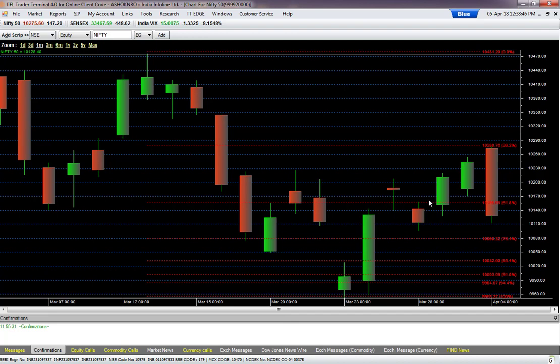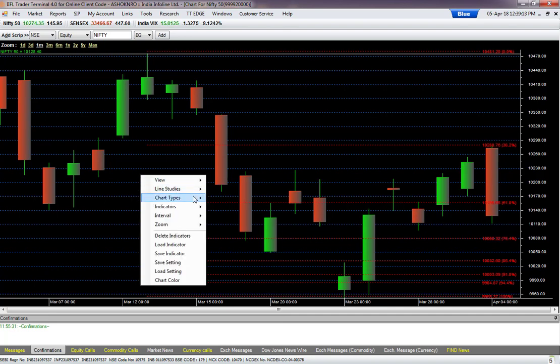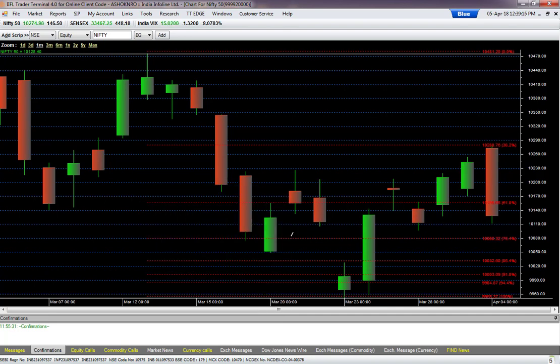Okay, so what are the main levels we have to take a look at? See, look at this. Yesterday's market actually hit the 38.2% in the 1 month Fibonacci retracement and came down below 61.8%, and it took support at the pivot levels where there had been a support already.